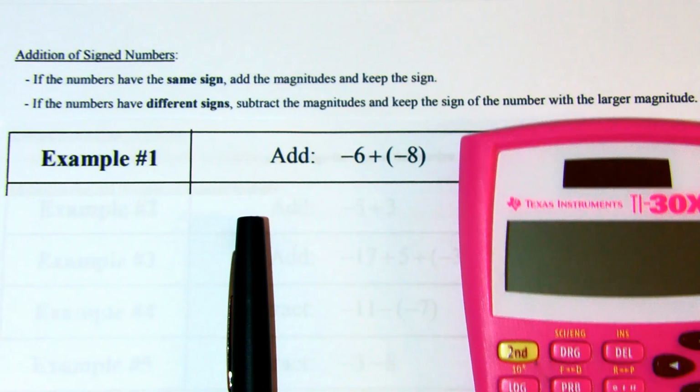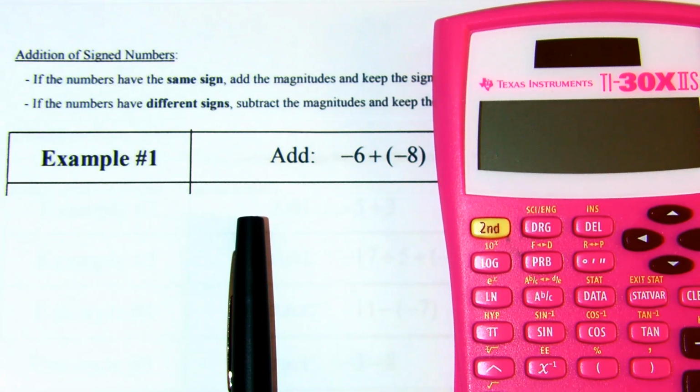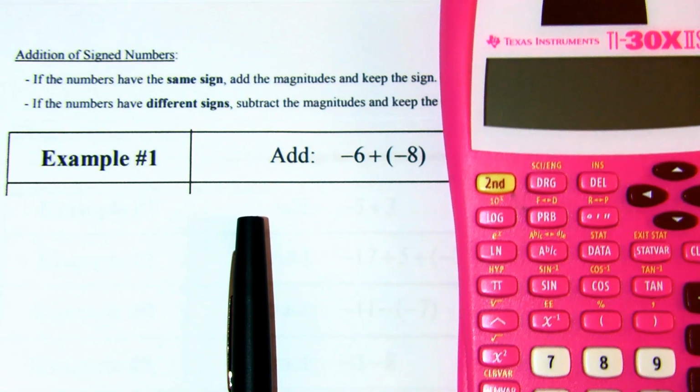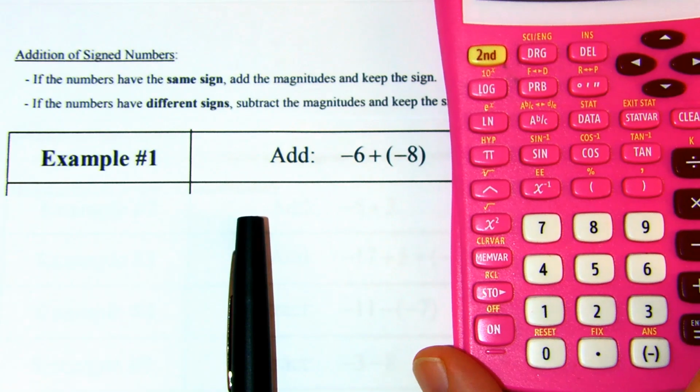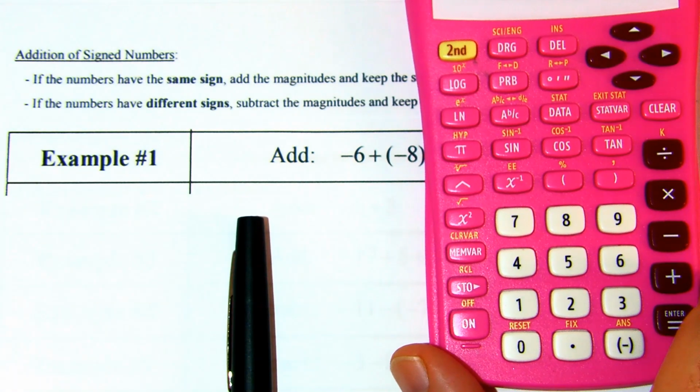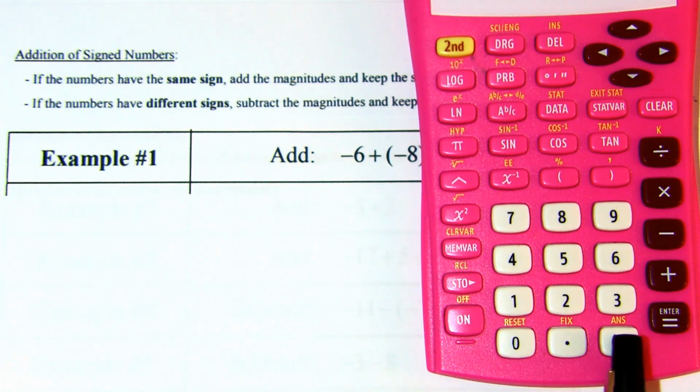I also want to introduce more with the calculator, so I need to show you a couple of buttons here. Let's see. Make sure this is on the screen. I know you can't see the display, but this button right here is your negative button.